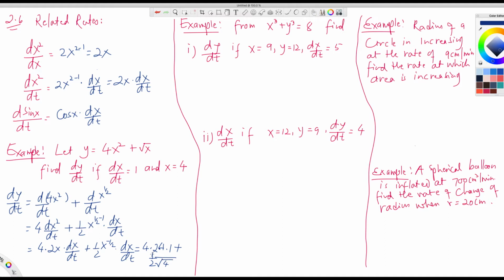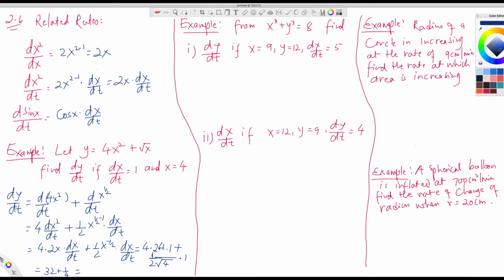So 1 over 2 times root 4, times dx over dt, again 1. Simplifying, 4 times 2 is 8, times 4 is 32, plus 1 over 2 times 2, which is 1/4. So 32 plus 1/4.